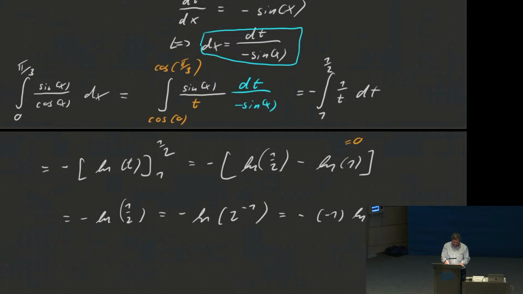This minus 1 is what I'm taking out here. So what we get in the end is ln 2. Apart from the sign, most of you got that right, I'd say.